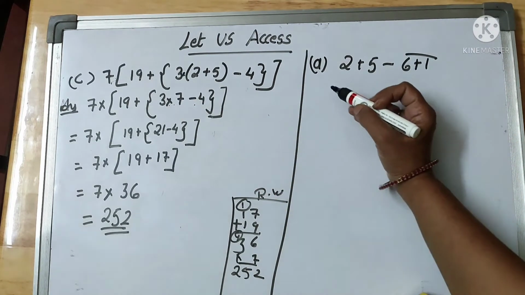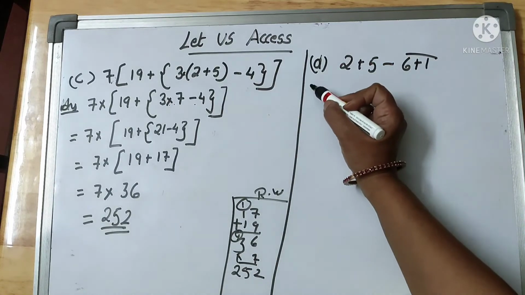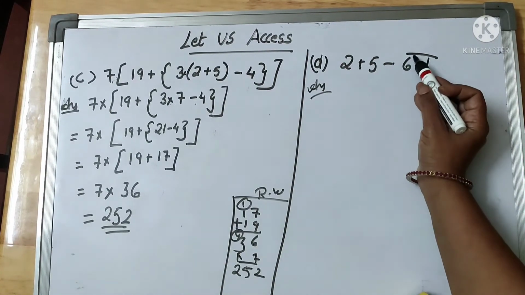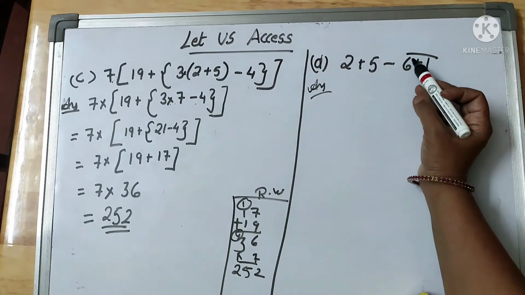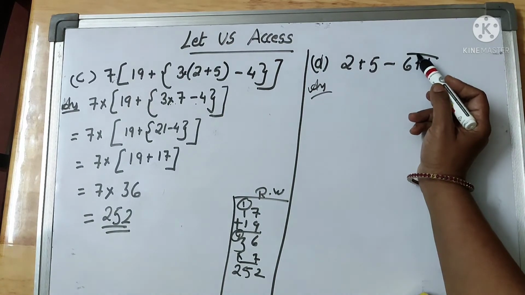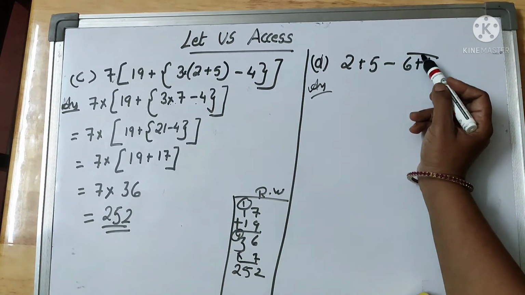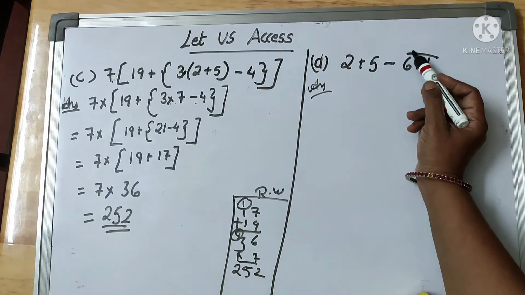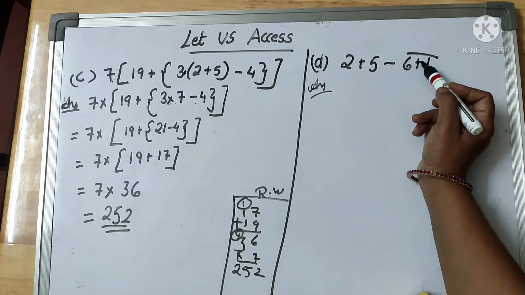Now suppose you have to do this, let us access D1. 2 plus 5 minus 6 plus 1 bar. That's why I'm solving these questions, because the bar bracket is not given in exercise 8b. If there is a bar over any expression, what does it mean? That we have to give priority to this. That means we have to evaluate this expression first.